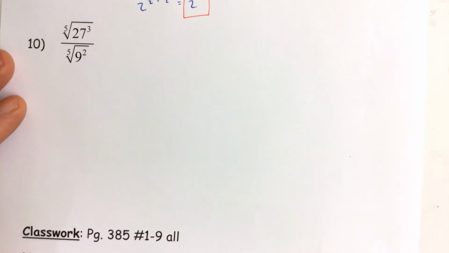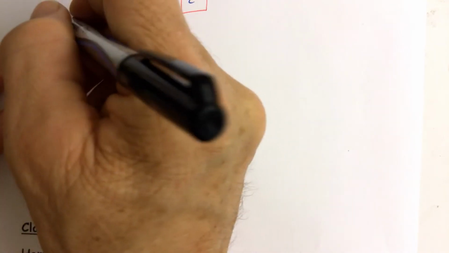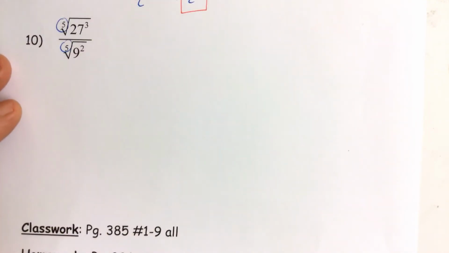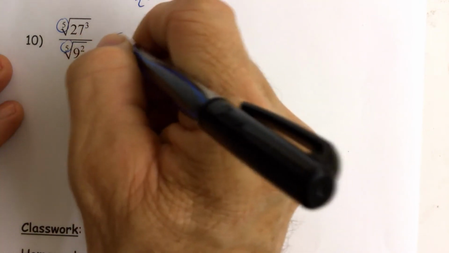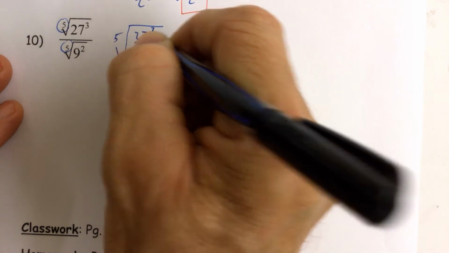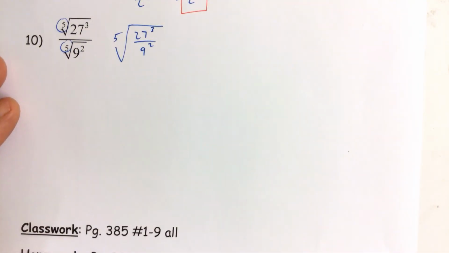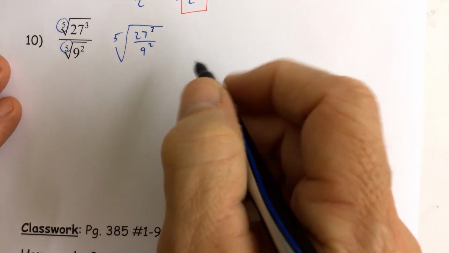There's a few different ways actually to tackle this one. What I'm noticing is that I've got the same root right there. The same root means that I can go ahead and combine them, 27 cubed over 9 squared, under one radical. And then I'm noticing that both 27 and 9 are powers of 3.